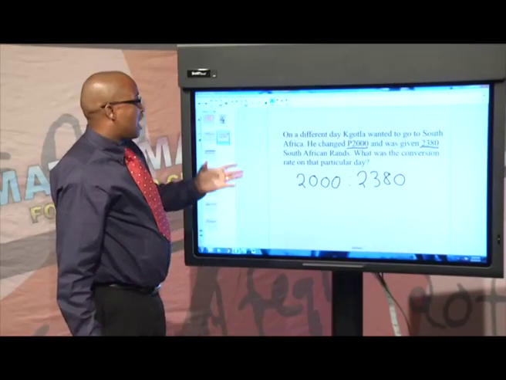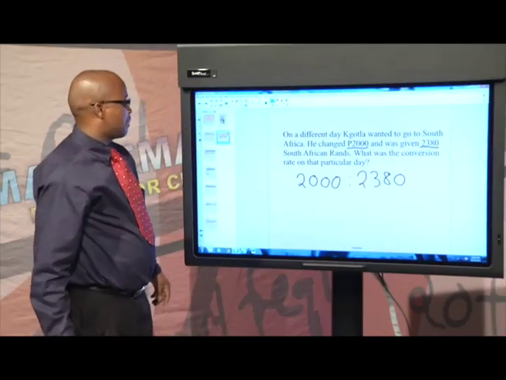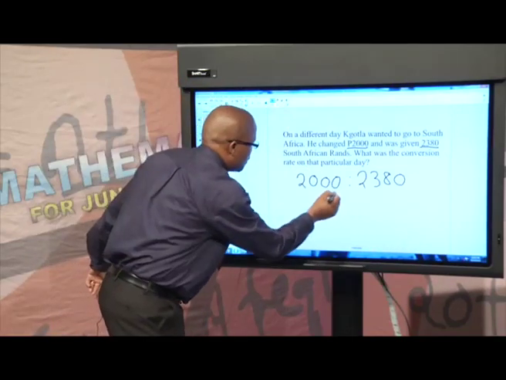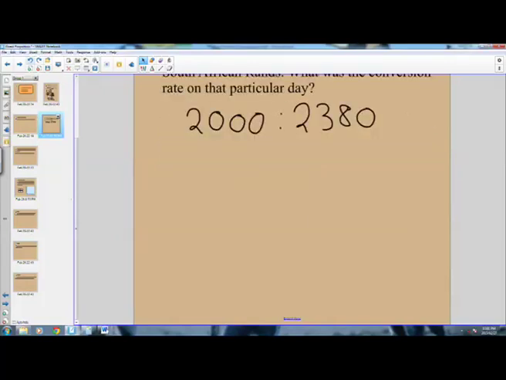We now want to know how much Botswana pula is when compared to the South African rands. You can divide here by 2,000. By dividing by 2,000, you are saying you need to know what one pula will be equal to when converted to the South African rands. So let us work that out.